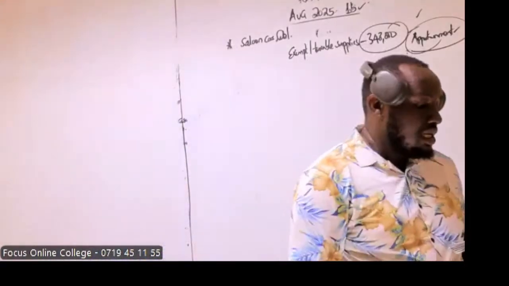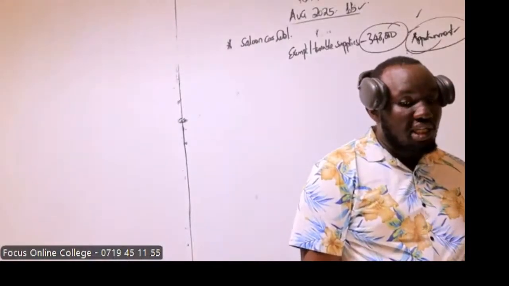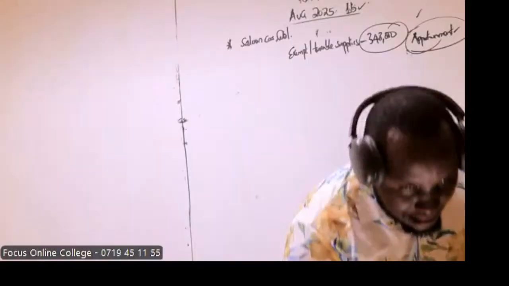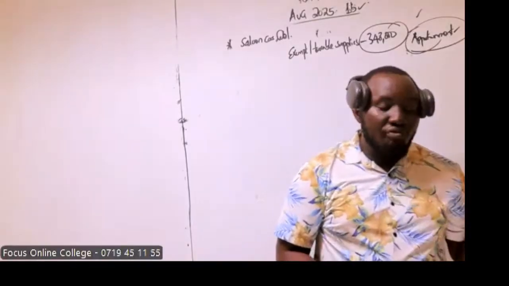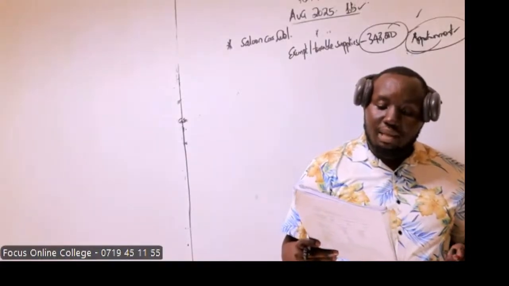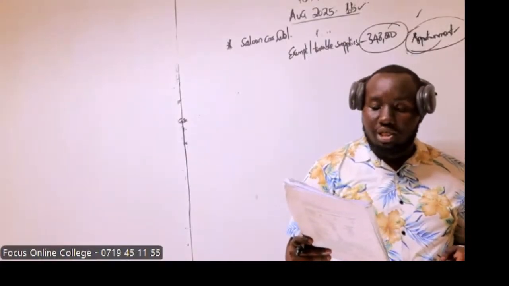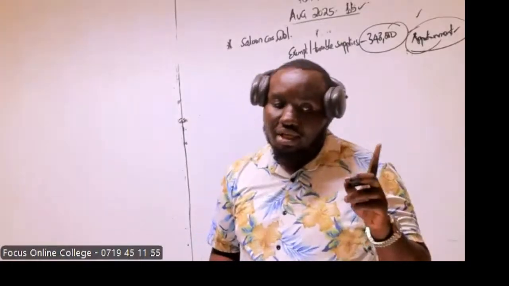So that's an input. I want us to read the additional information and be very keen on it as I read. So the first additional information: the company uses turnover-based apportionment on the mixed item. So it uses turnover. Do we understand that?